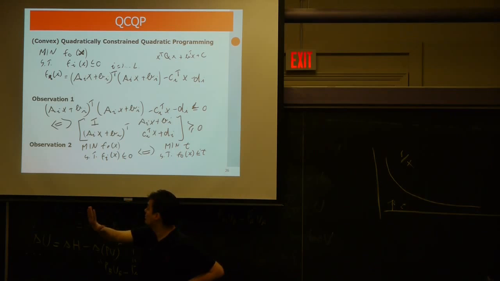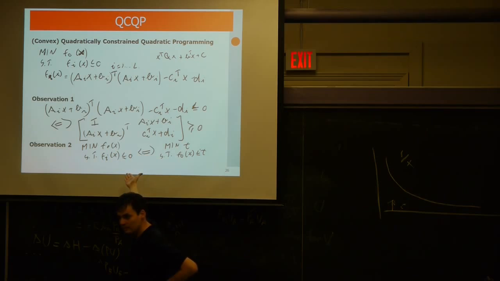So we have seen that if this is convex, we can rewrite it as an SDP, and we know that we can solve an SDP. SDP is a convex problem. We can solve that in polynomial time under some very mild conditions. What happens if we have a quadratic problem with quadratic constraints, but they are not convex anymore?